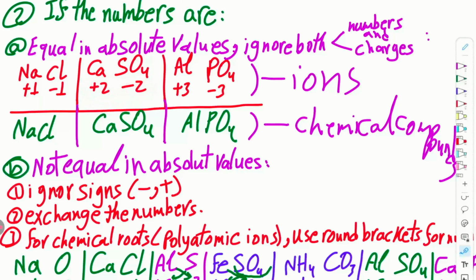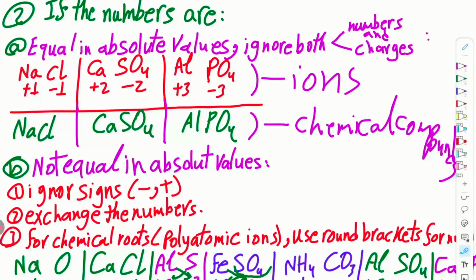Again, don't pay attention to the signs. As long as the positive is left and the negative right, the role of the positive and negative classification is finished now. Now here we look at the numbers. So here we have 2 and we have 2. Again, if the numbers are 3 and 3, if the numbers are equal, we combine them with no numbers.